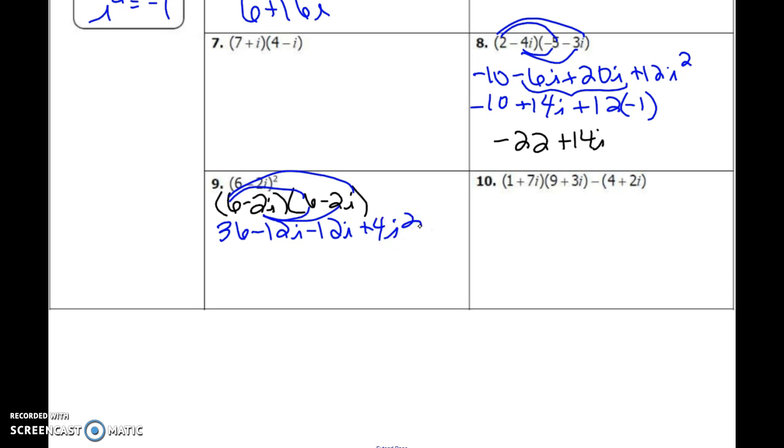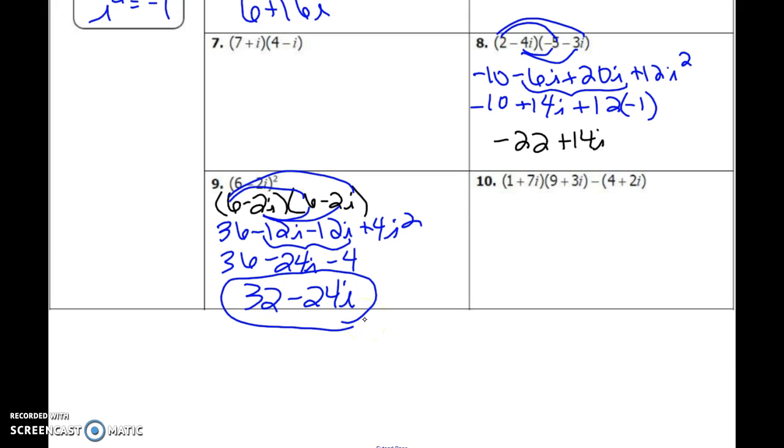Remember that i squared is negative 1, so that whole term will just end up being negative 4. So you go 36 minus 12i minus another 12i minus 24i. Remember that whole part's just going to be minus 4. So 32 minus 24i.